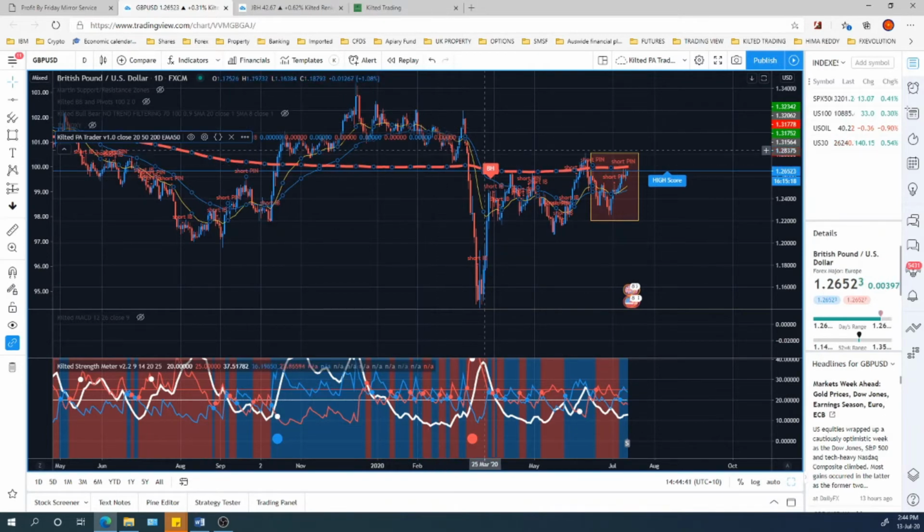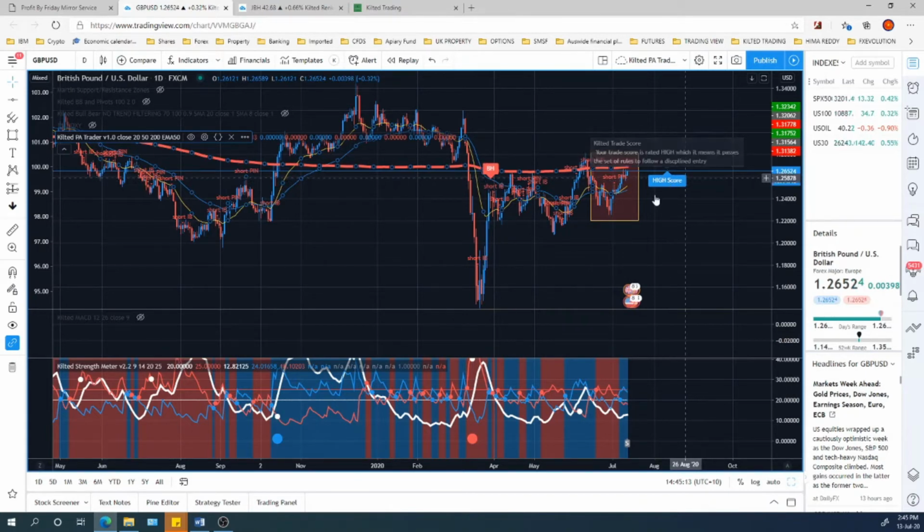So once you're taking your trades, you can take a screenshot of this to show your trade setup, which verifies that you've got the discipline, and you've taken the trade according to the set of rules we've laid out for you at Kilted Trading, to help you make better trades. It's all about trading your plan and planning your trade effectively, is how we like to term it here at Kilted Trading.